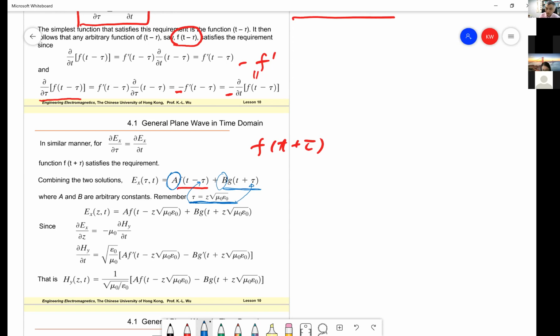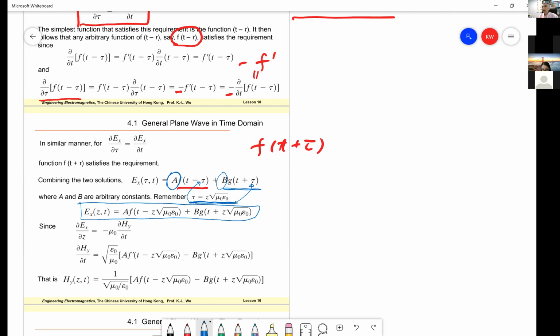So this is this equation. We go step by step. Then this is our solution for the electrical field.